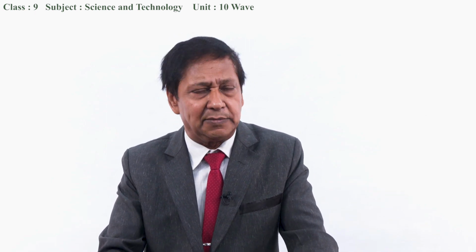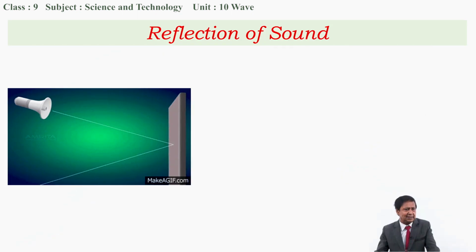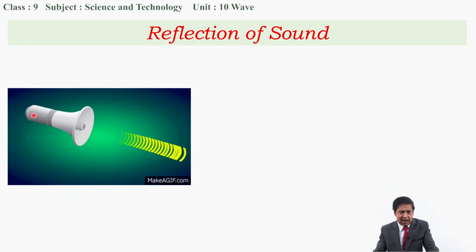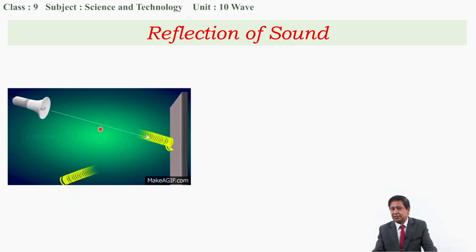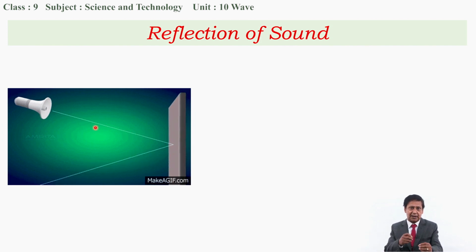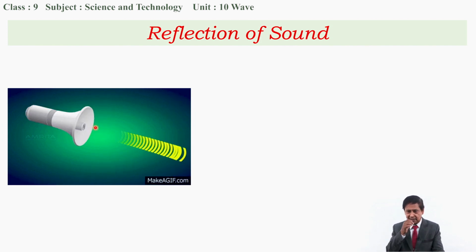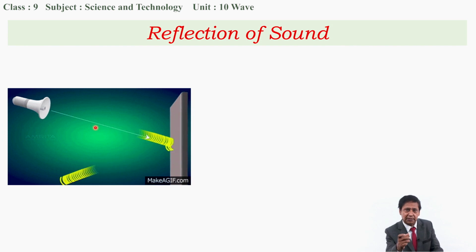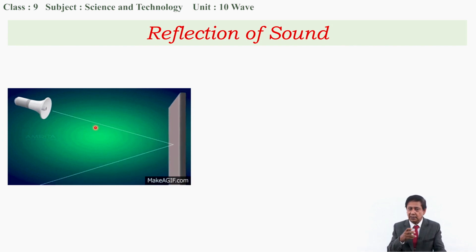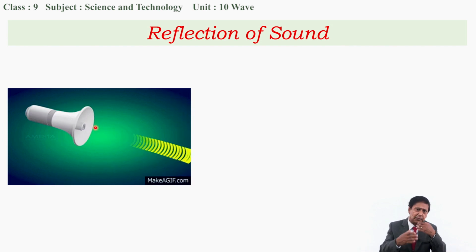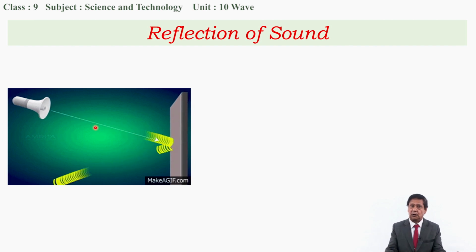Reflection of sound can be understood this way. Let's say this is a source of sound and a sound pulse is produced. Pulse means if I say A, then the pulse of sound moves forward. If I say hello, hello moves forward. If I am continuously talking, then this is not called pulse.